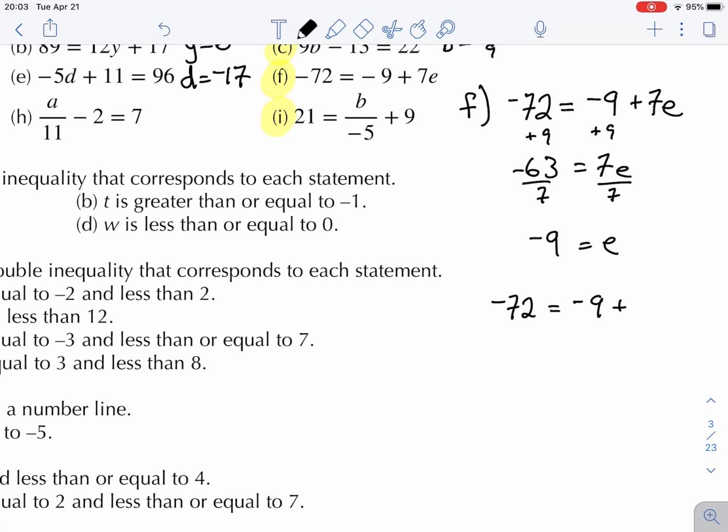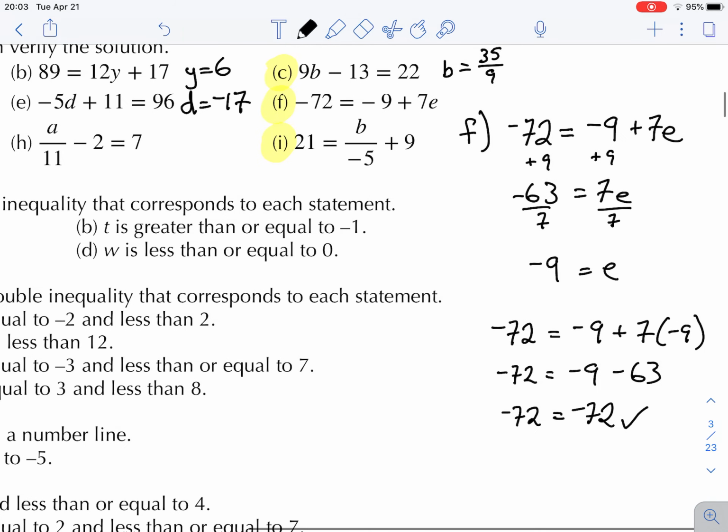I'm going to verify this. To verify this, I write down my equation and I simplify my right-hand side. So 7 times negative 9 is equal to negative 63. And negative 9 plus negative 63 is equal to negative 72.